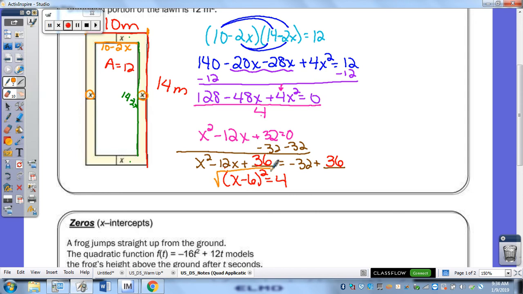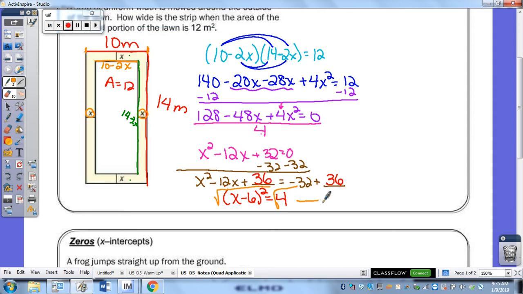So now I'll take the square root of both sides. Remember, when you take the square root of both sides, you gotta do plus or minus over there. You gotta take the square root of 4. Square root of 4 turns into a 2.